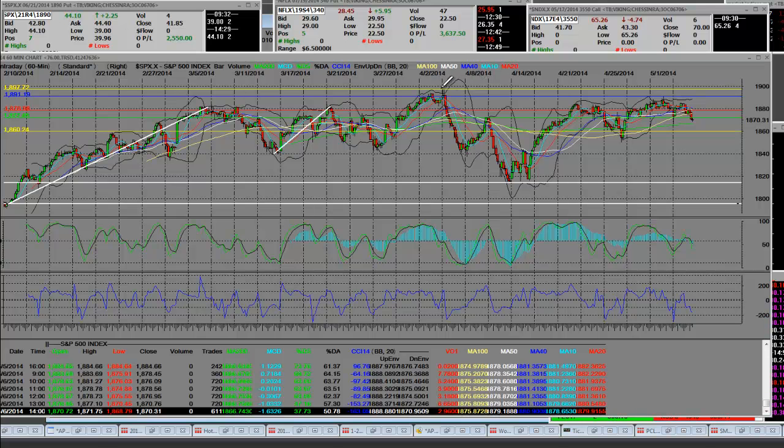And we had put in that high over here on 4-2. The correction that took place was a correction from the all-time high right down here. And on the counter rally from that bottom to that top, we had another correction.